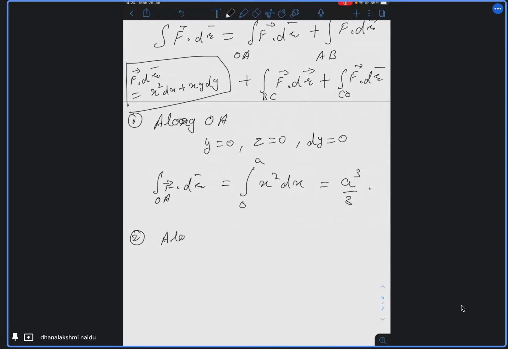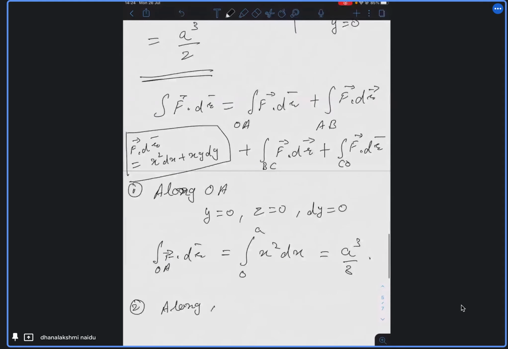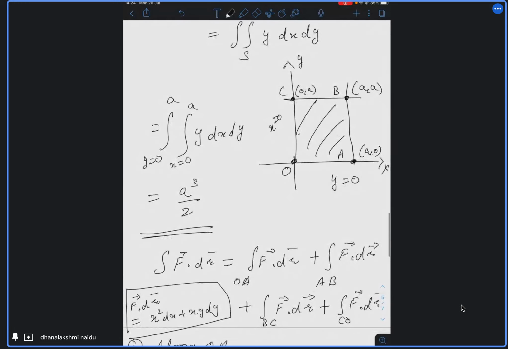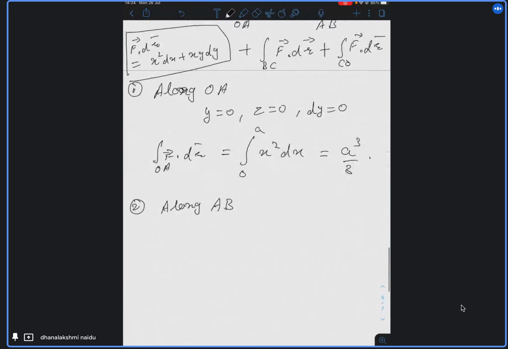Yes, ma'am. Now calculate along AB. So along AB, what is not changing? What is constant here? X is constant, so x will be equal to a. So dx will be equal to what? 0.